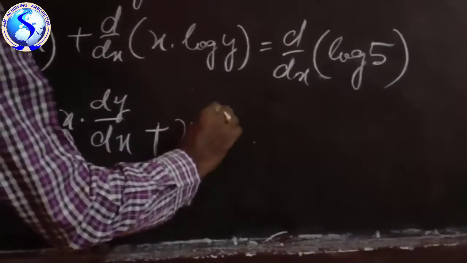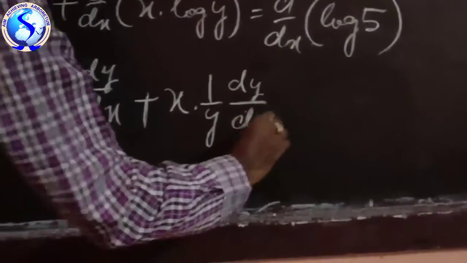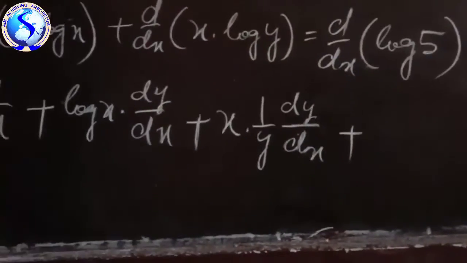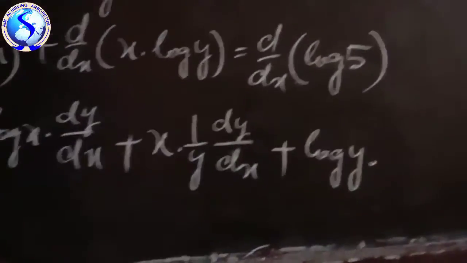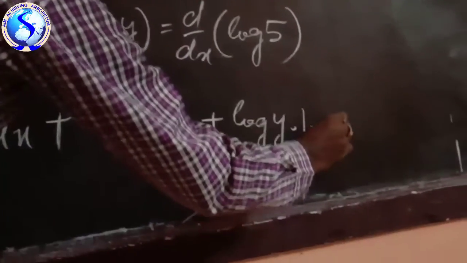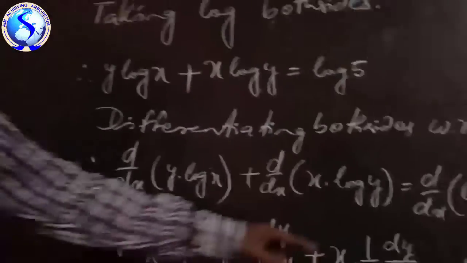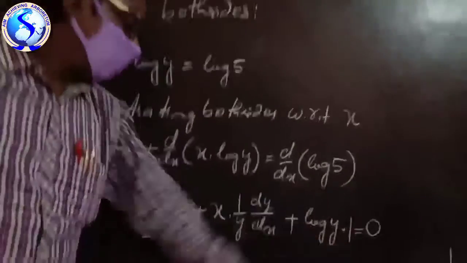What is that? 1 by y dy by dx. Now plus log y into derivative of x. What is that? 1, which is equal to 0, because the derivative of any constant number is equal to 0.